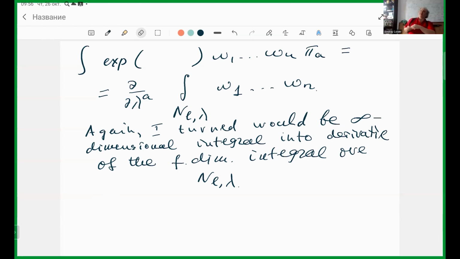So the trick is the following. To get p and pi correlators or integrals, we just take derivatives with respect to parameters of the moduli space.